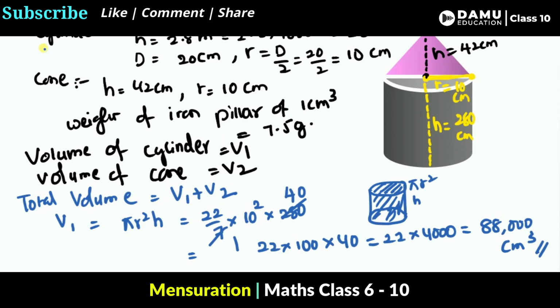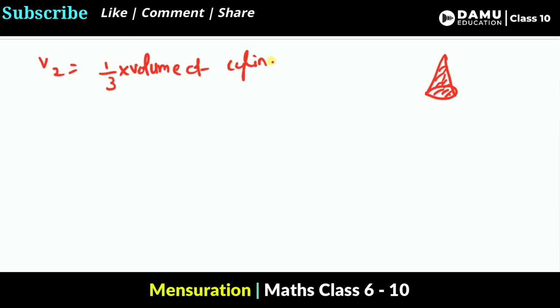Let's move on to the next one, volume of the cone. So V2 will be equal to the volume of the cone. Actually the volume of the cone is 1/3 of the volume of the cylinder.